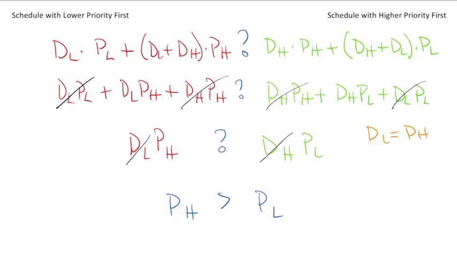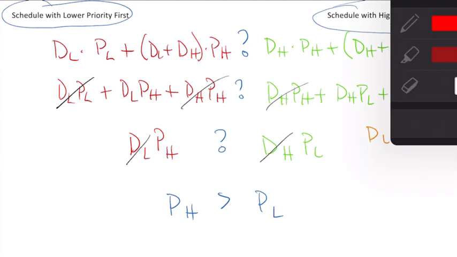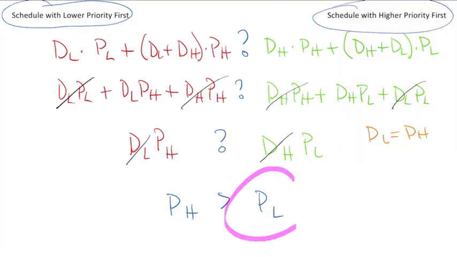So which one of these schedules is better? This schedule or this schedule? Well, if you recall, we're trying to minimize here, so we want the lesser of the two, which means our better schedule is this one. It's better to schedule the higher priority job first and get it done with, as opposed to having this higher weight be multiplied by a higher completion time.